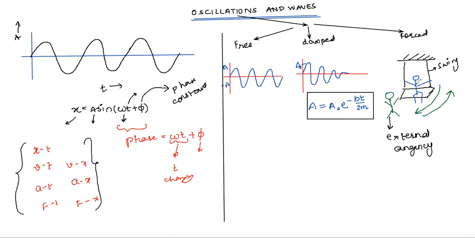And this is called a forced oscillator. That is this person which is vibrating. Suppose we talked about a simple pendulum, then this one was called a simple harmonic oscillator. Here, this is called a forced oscillator.